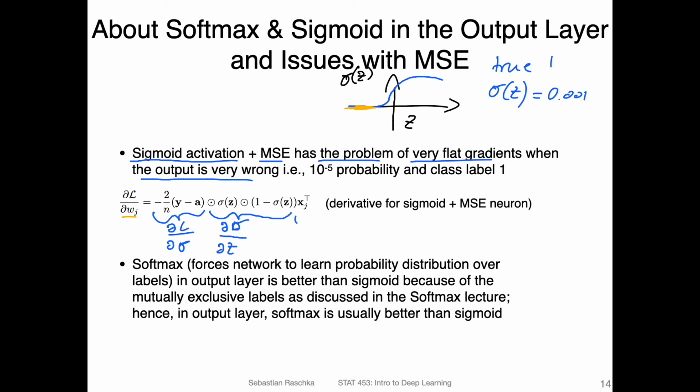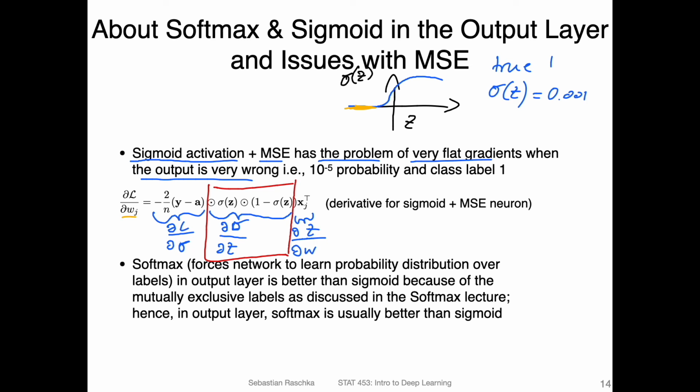And then the last term, remember, is the derivative of the net input with respect to the weight. So here we are again using the chain rule, but if we have the derivative of the sigmoid here, now combined with the MSE, it doesn't cancel so nicely.